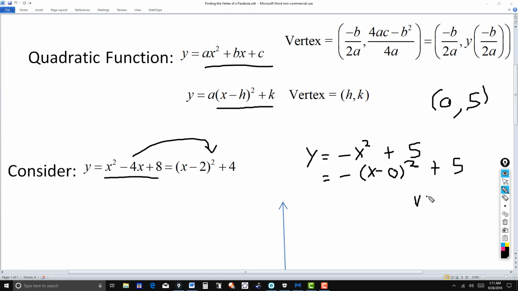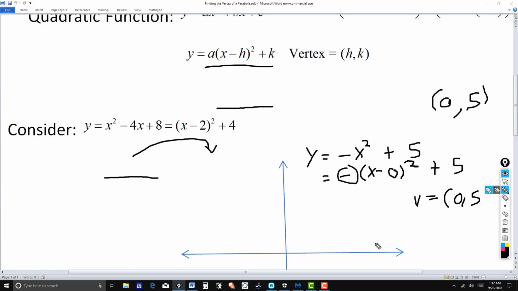So either way you look at this, the vertex is going to be at (0, 5). And because of the negative a here, the graph will open down. So if I were to plot this out, I go 0, and then 1, 2, 3, 4, 5, and then the graph would come down like this.